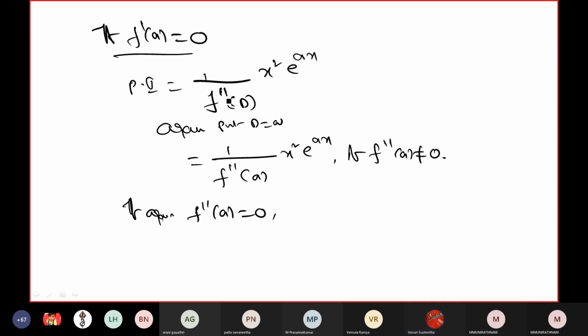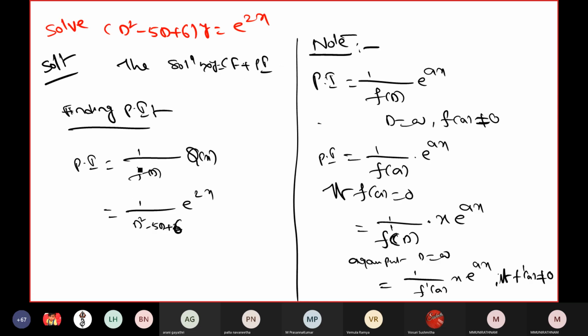You have to go by third derivative of the denominator and replace by x cube e power ax. So going on in this manner. అర్థమవుతుందా? సో non-zero వచ్చేంత వరకు వెళ్ళాలి. సో దట్ ఈస్ ద నోట్ అని చెప్పి రాసుకోండి. ఓకేనా?